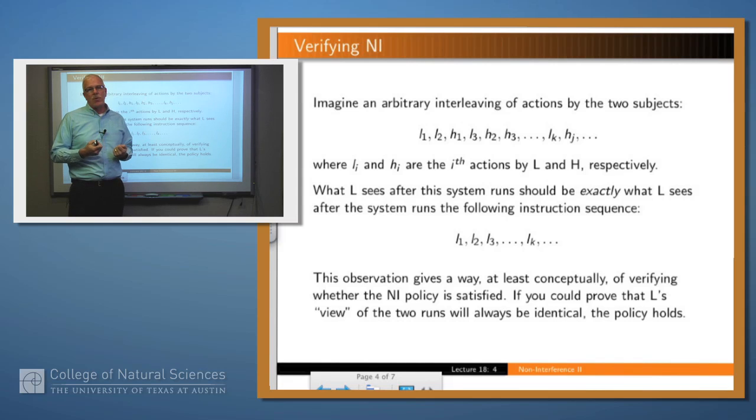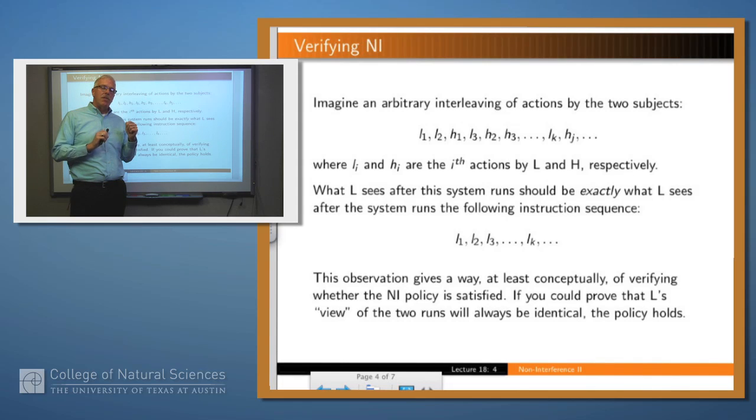Now, what should be true at the end of the day after you run this system from L's perspective? Well, supposedly H was not supposed to be able to do anything which L could see. And so if you took that same sequence of instructions and threw out all of the operations that were executed on behalf of H, L shouldn't be able to tell the difference. And so we have here two sequences of instructions, and the execution of those two sequences on our system model should look identical from the perspective of L. That's the key to this.